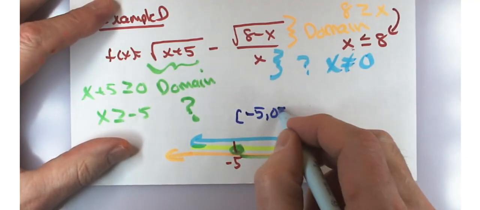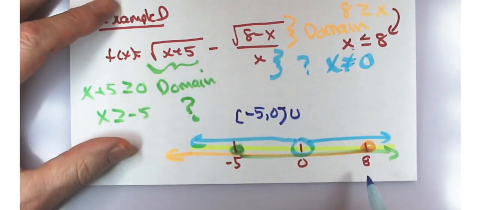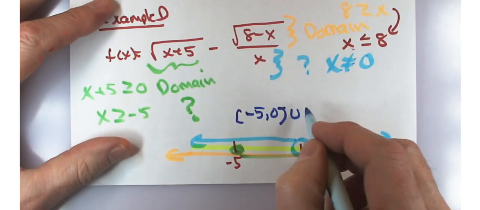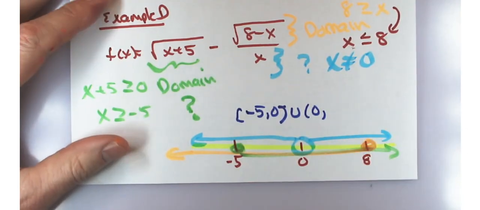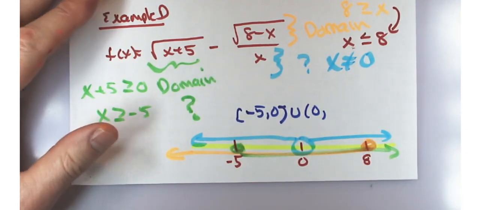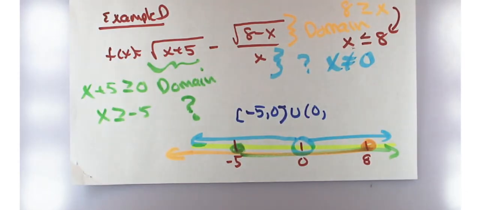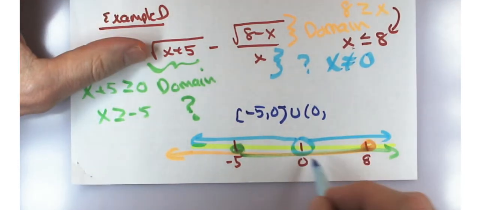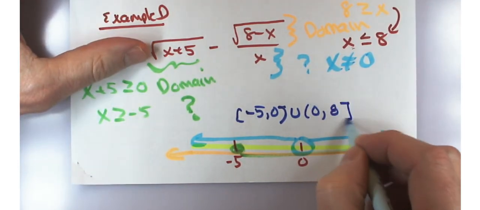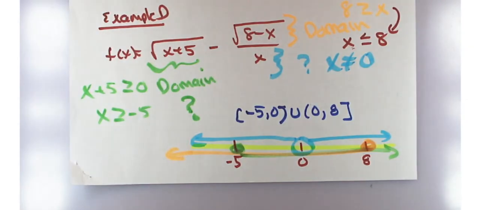Parenthesis. How about to the right of 0? 0 to what? Where do they overlap here? 0 up to 8, and then again a bracket. So there's your intersection on that one.